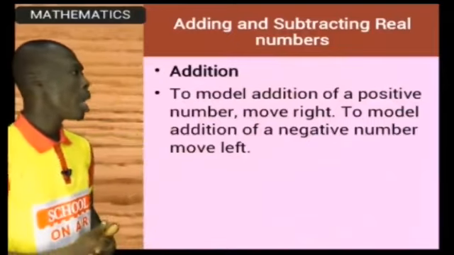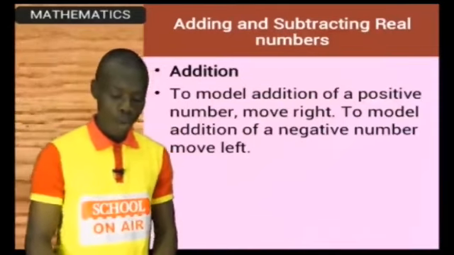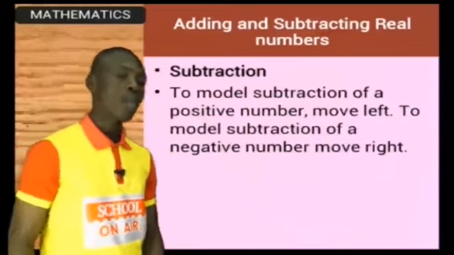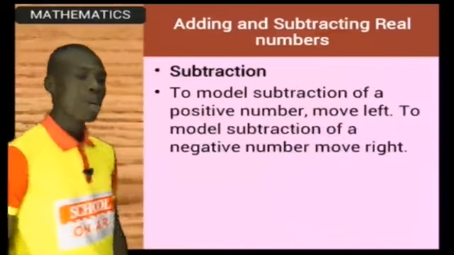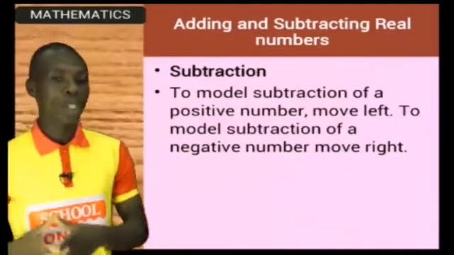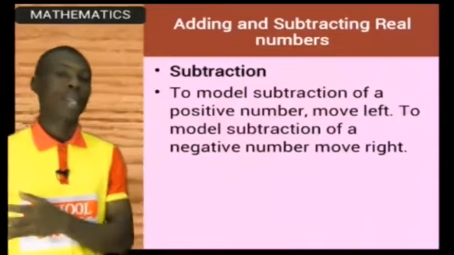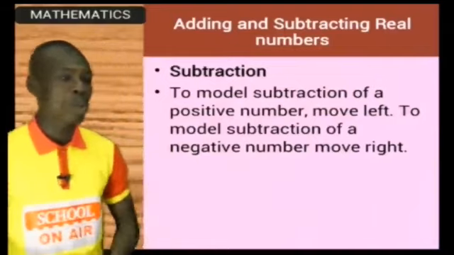So to model addition of a negative number, what we do is we just move to the left. So subtraction. To model subtraction of a positive number, what we do is just like the opposite of addition. We say to model the addition of a positive number, we move to the right, and to model the addition of a negative number, we move to the left.